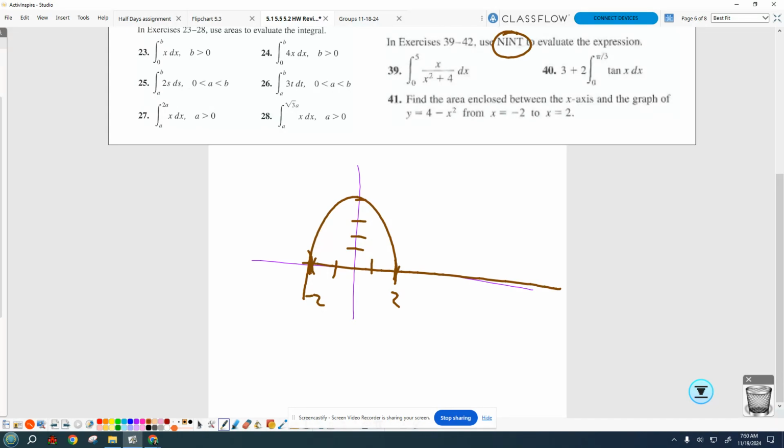I was about to say, how would you do that? Because you don't know how to integrate yet. Yeah. It's telling you just practice on your calculator.